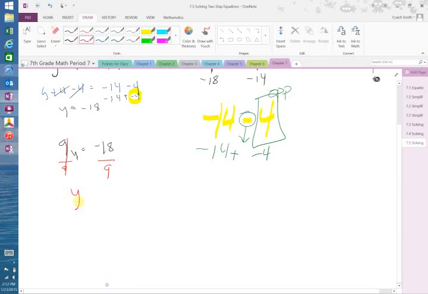So that gives me y on the left side. 9 divides into negative 18, negative 2 times, because one negative sign when I'm multiplying or dividing equals a negative regardless of how big the number is.